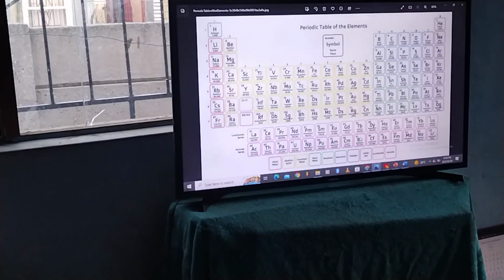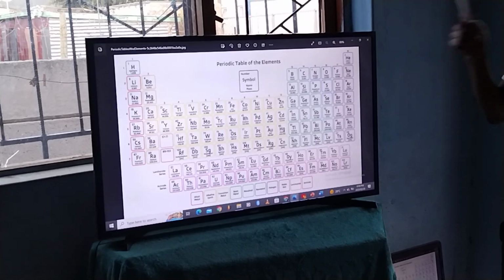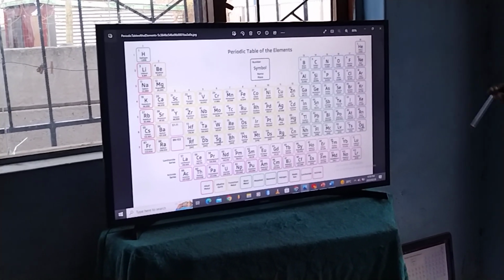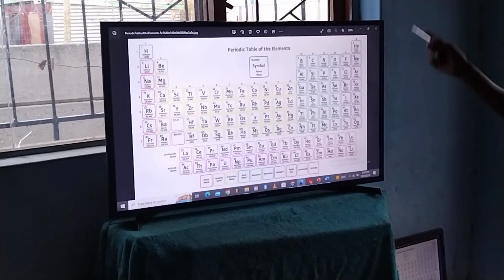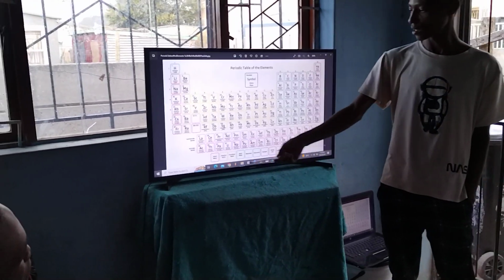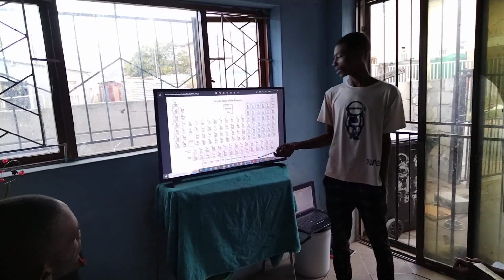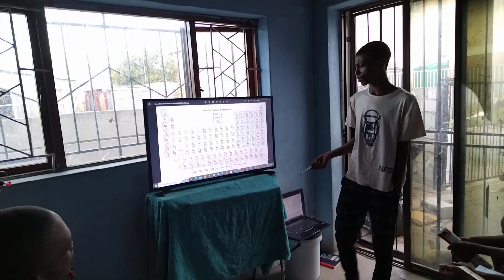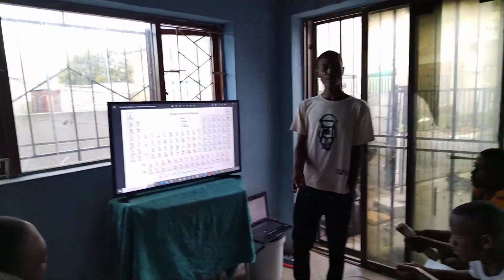So what else did I want to explain? Oh, I wanted to explain the matter of the colors of these. So what this means basically is that there are different elements in the periodic table, obviously. Some are metal, some are non-metal, some react with each other, some don't.